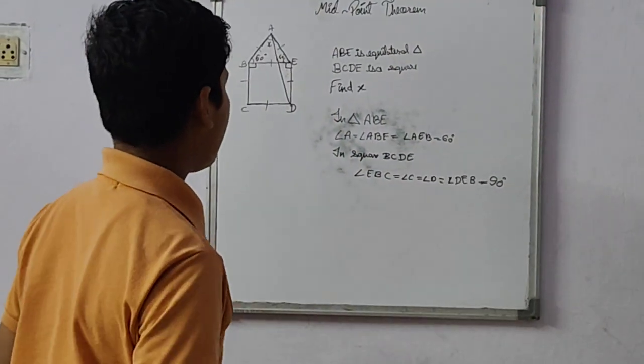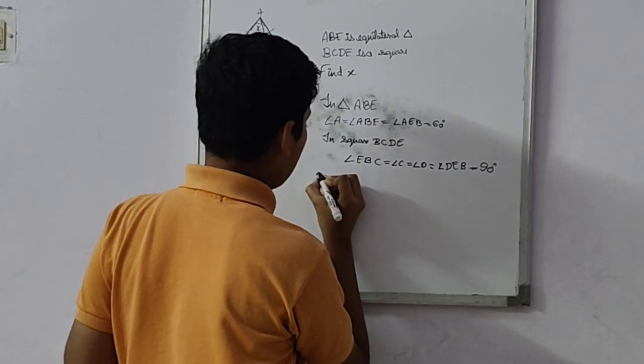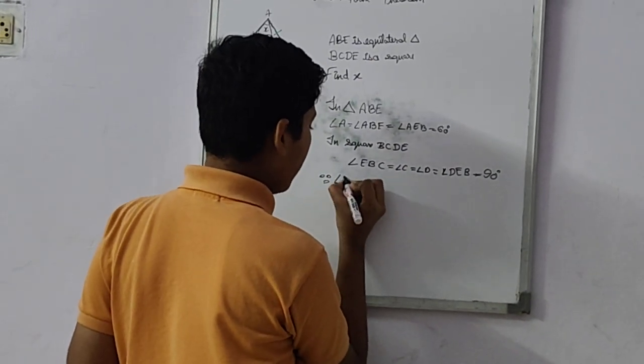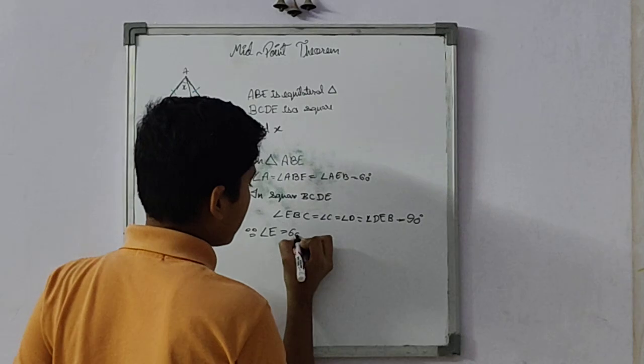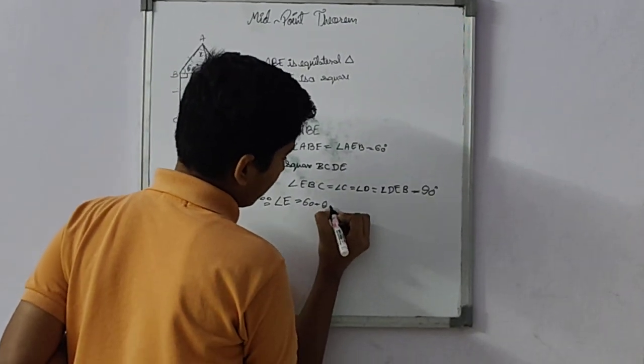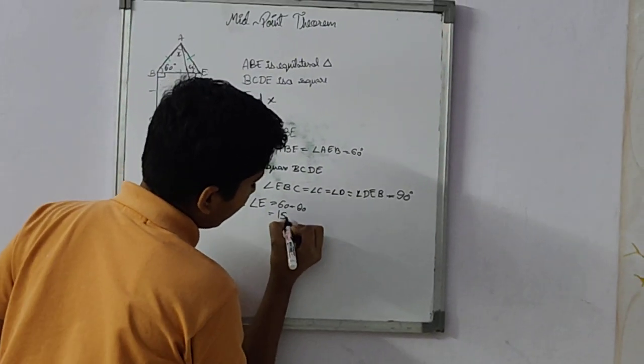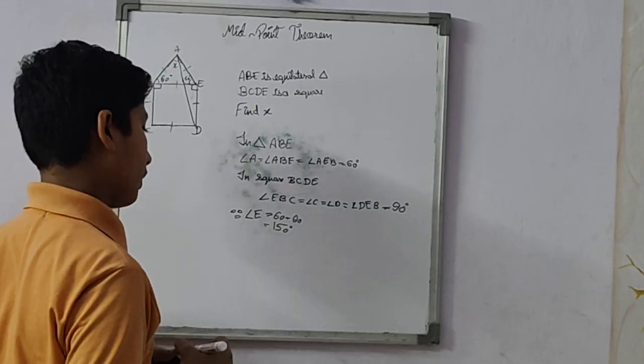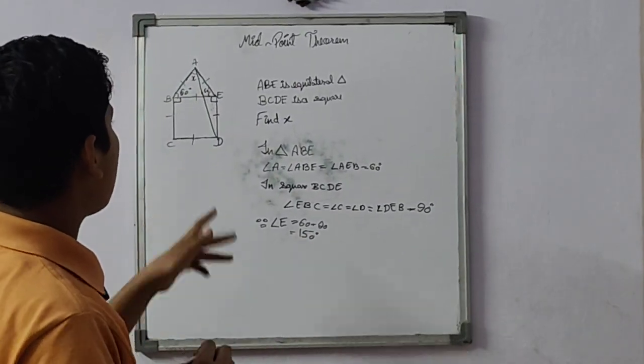So these all are 90 degree. Therefore angle E equal to 60 plus 90 equal to 150 degree. So now this is 150 degree.